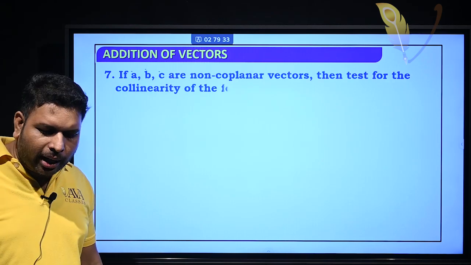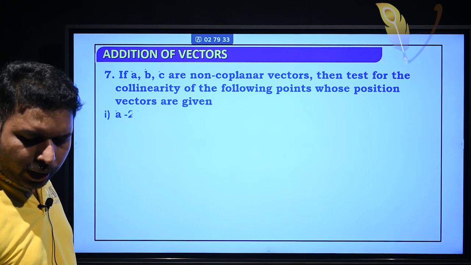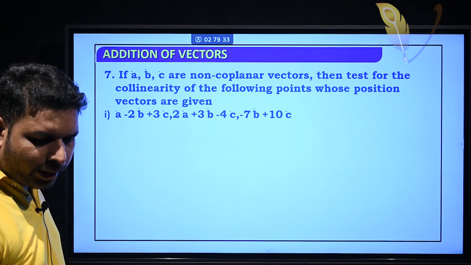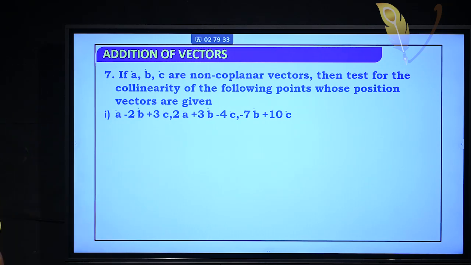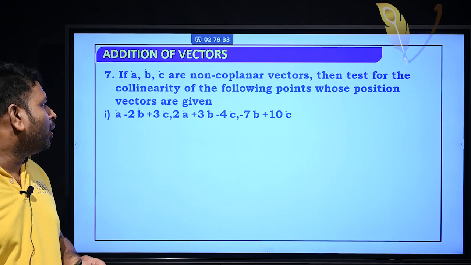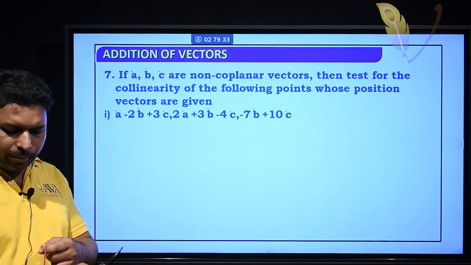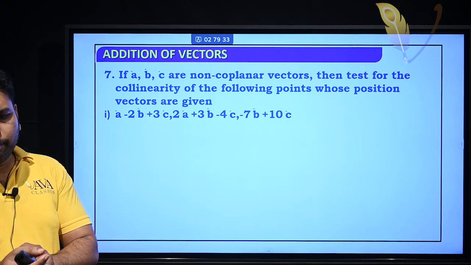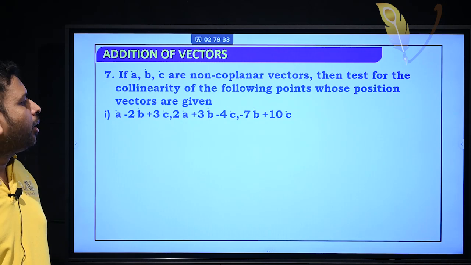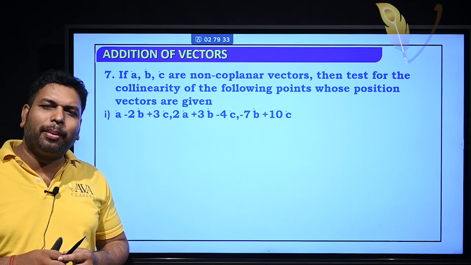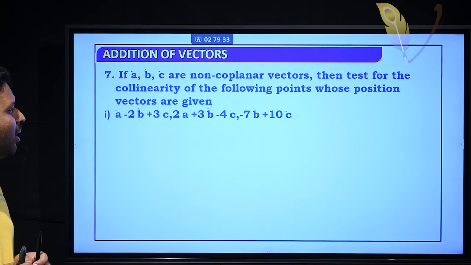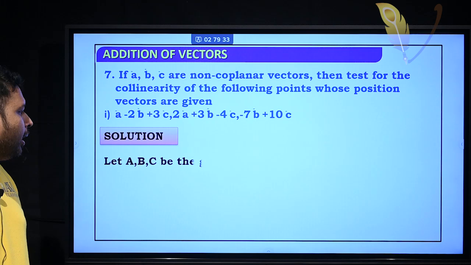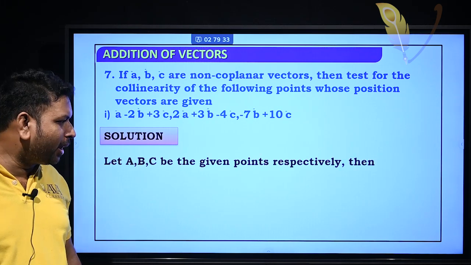Now question number 7. If a, b, c are non-coplanar vectors, then test for the collinearity of the following points whose position vectors are given: a minus 2b plus 3c, 2a bar plus 3b bar minus 4c bar, minus 7b bar plus 10c bar. So solution. Let A, B, C be the given points respectively.